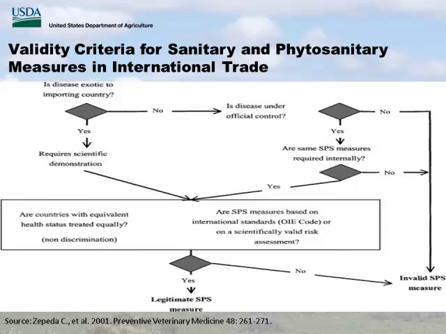Is the disease under official control? No. You can see we can go out here where there's actually invalid use of them. So if we go down here and we can show that there is not equivalency, and there are SPS standards in place, those precautions are legitimate to put in place.